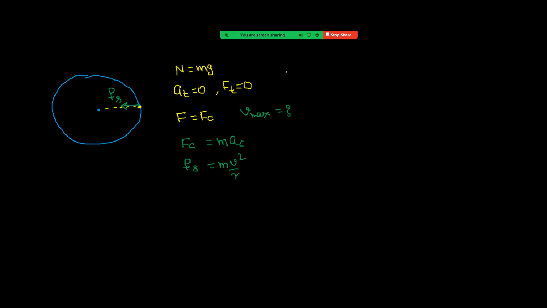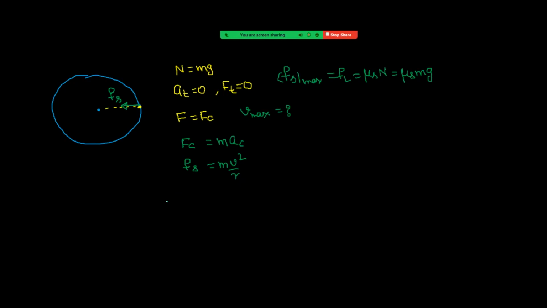We have learned that in friction, maximum static friction is called limiting friction, which is equal to mu into normal reaction, or I can say mu s into normal reaction. Now in this problem, normal reaction equals mg. Therefore, it is mu s into mg.